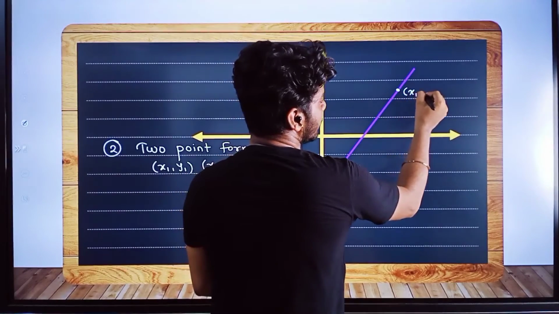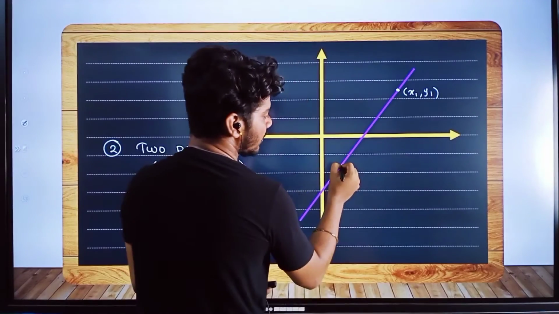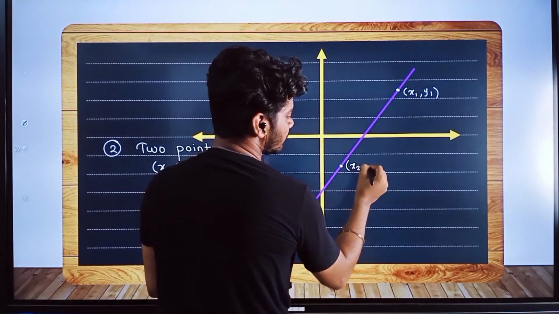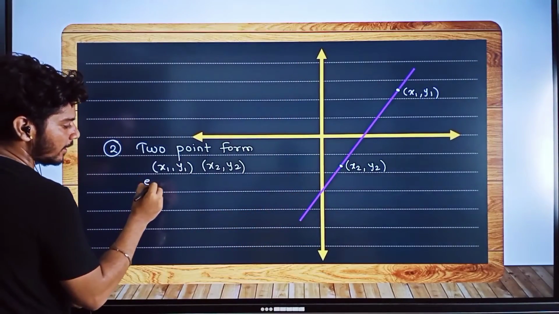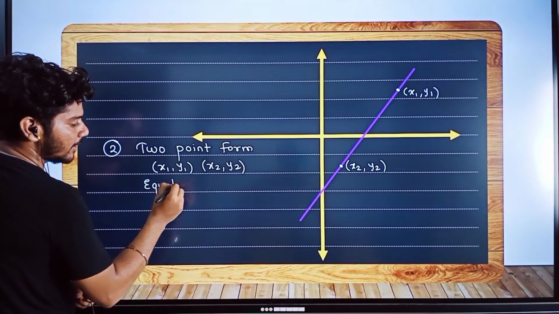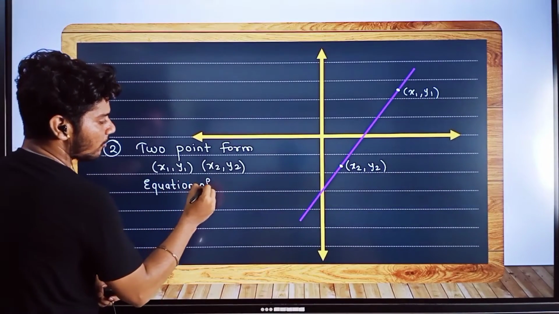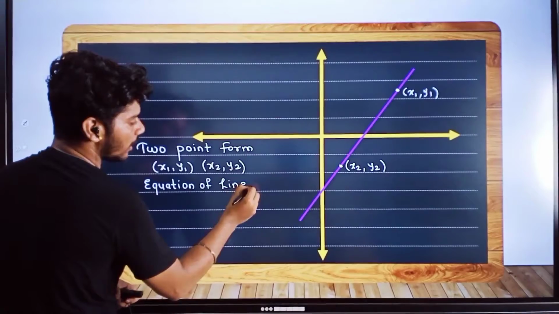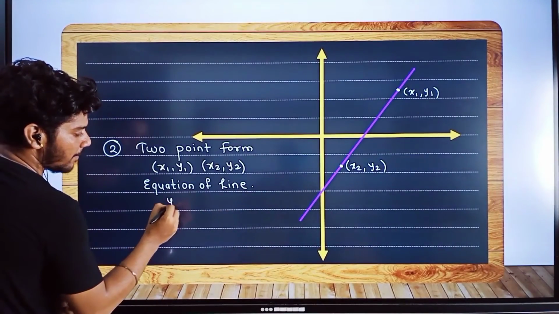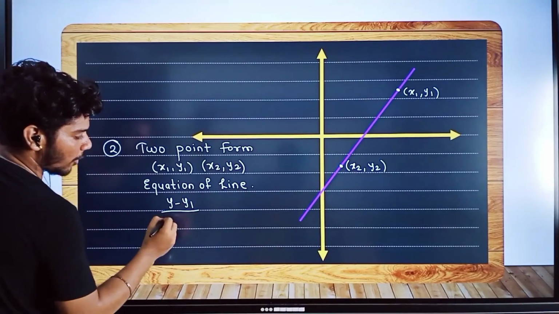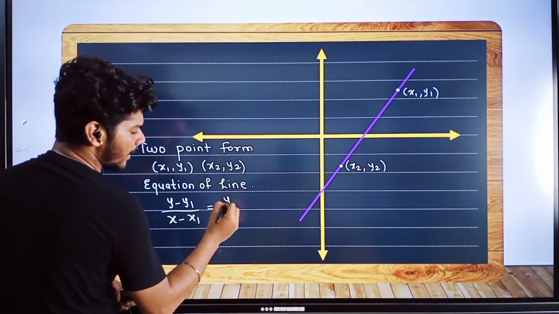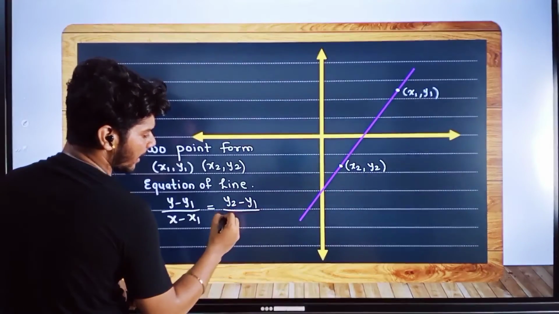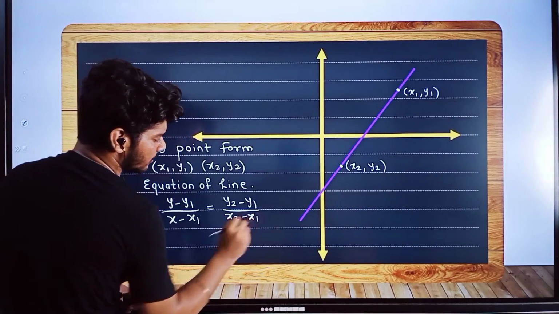Then also you can easily find the equation of the line with the formula (y minus y1) upon (x minus x1) is equal to (y2 minus y1) upon (x2 minus x1).